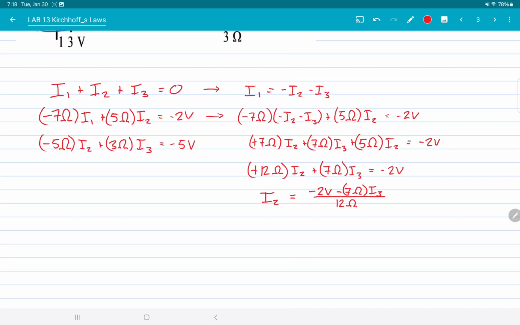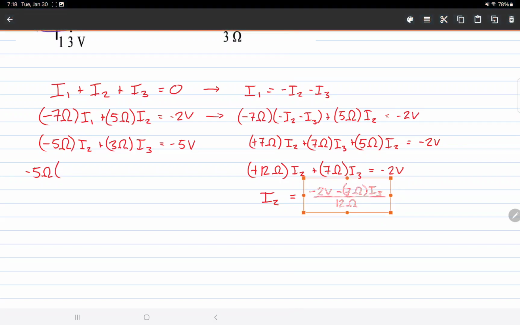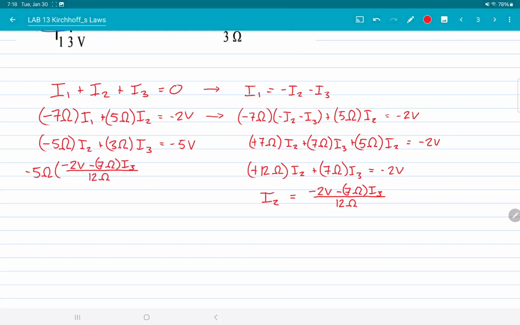So, plugging that in, I'd have my minus 5 ohms times all of that plus 3 ohms I3 equals minus 5 volts.